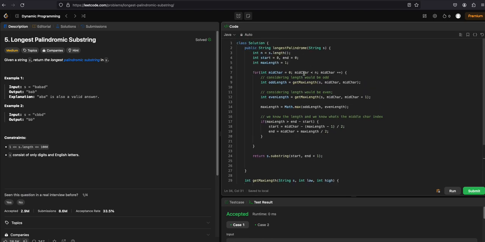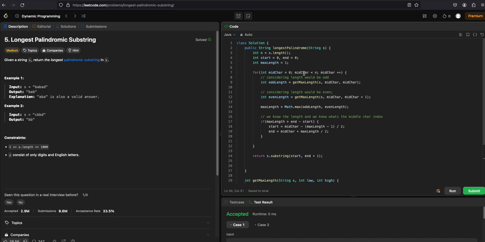So we looked at three approaches. One is finding all the possible substrings and returning the result, which is O of n cube time, with no extra space, constant space. The second approach is we made use of a formula and a two-dimensional matrix which stores the previous lengths, whether they are palindromic or not.